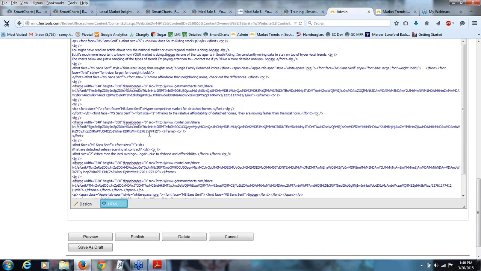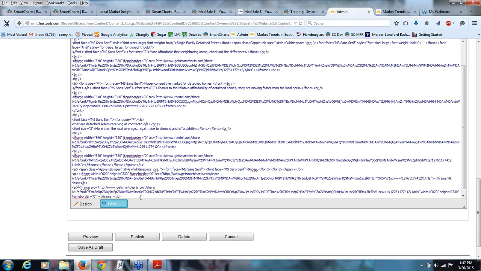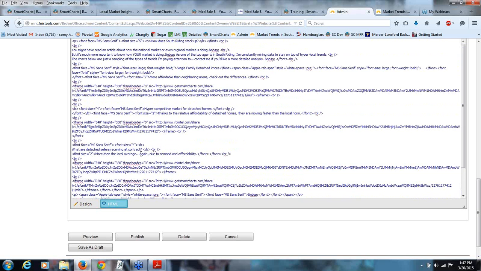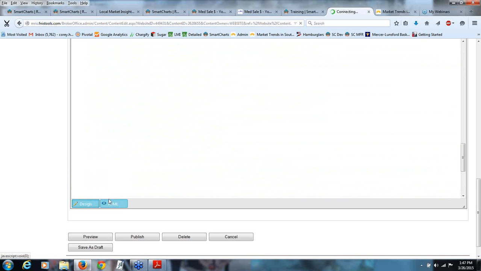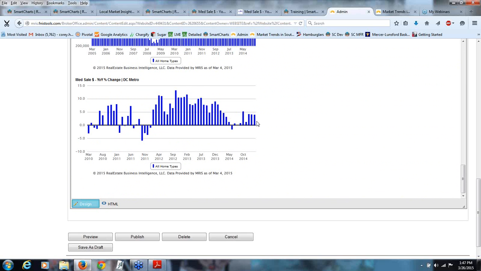When I click on that, I see the HTML version. It's a little ugly, but where I put chart here, that's where I can paste that code snippet that I had previously copied. When I go back to design view, then I see that chart as well.